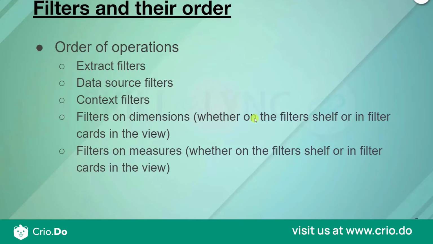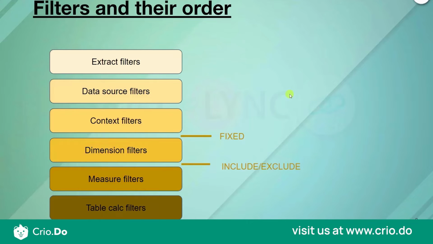Filters on measures are called measure filters, whether on the filter shelf or on the cards in the view. So this is our order of the filtering process.